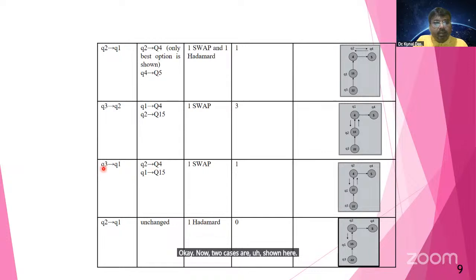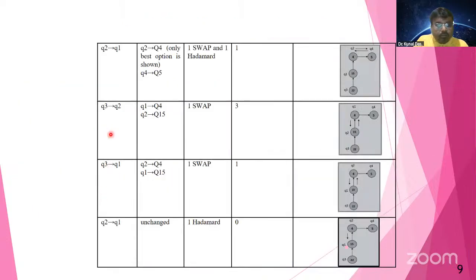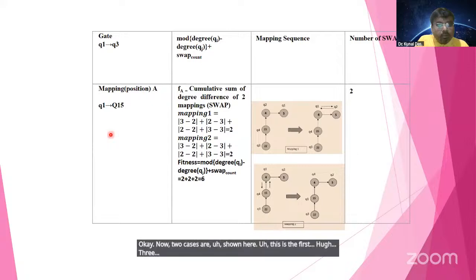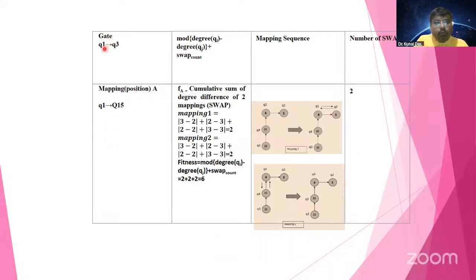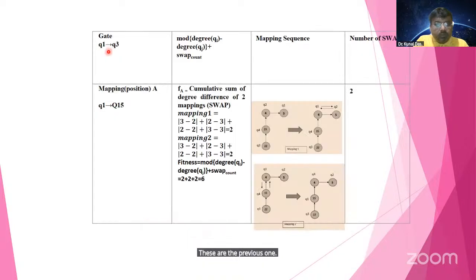This is the first, Q3. Yes, Q1, Q3, so Q1, Q3 mapping. These are the previous ones. Q1, Q3, it is the mapping.